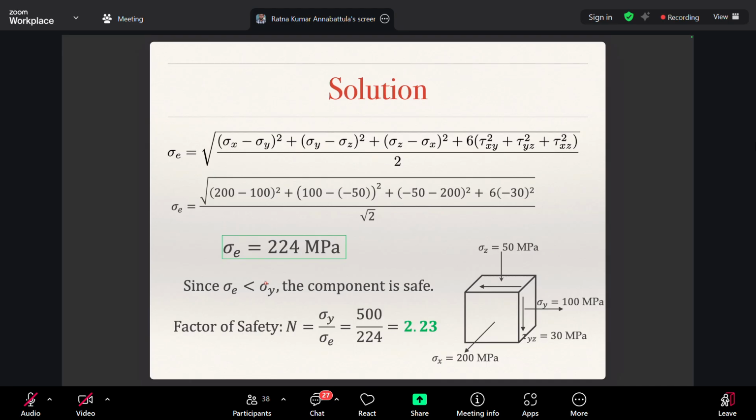Then what is the equivalent stress? Then 173.78. The previous person who got 173 used plus 50 instead of minus 50. Then you have estimated a higher factor of safety, which is dangerous, right, when you do the design.